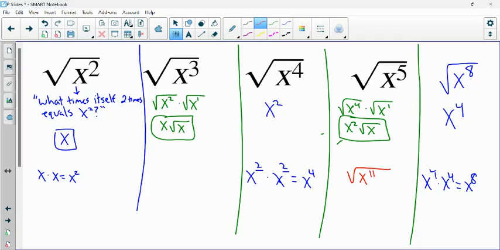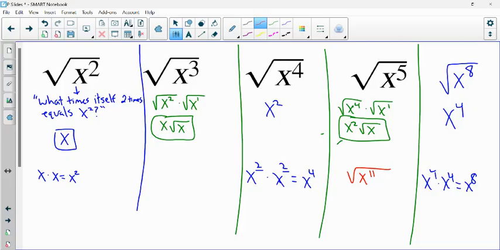Try square root of x to the 11th. So look, what's our biggest perfect square that goes into x to the 11th?